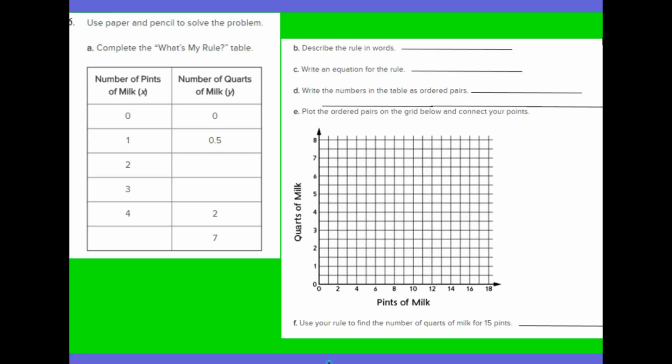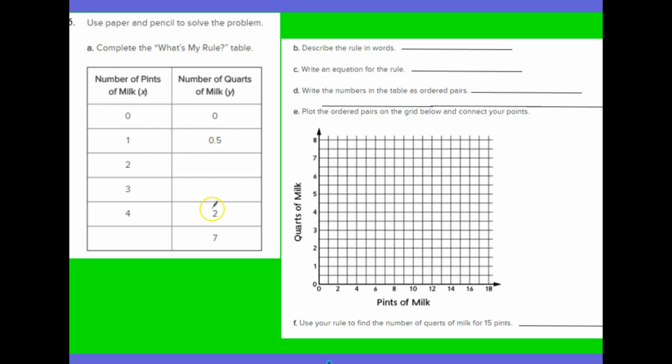This one, use paper and a pencil to solve the problem and complete the what's my rule table. So I have x and y: 0, 0, then 1 and a half, then 2, we have to figure that out for 3 as well, then I have 4 and 2. I can tell that for 1 and 0.5, y is half of x.